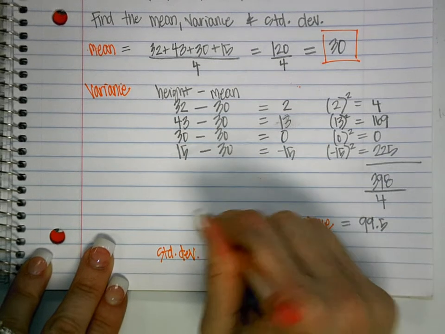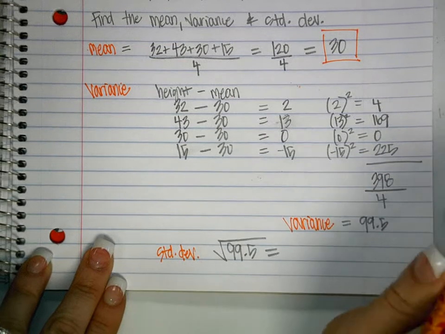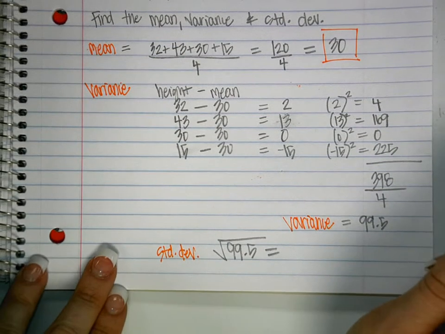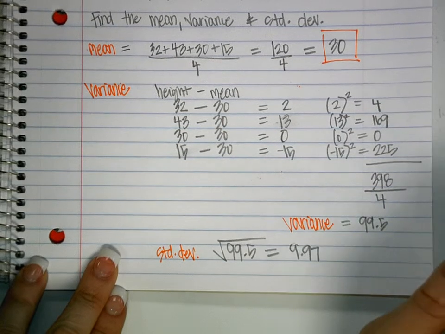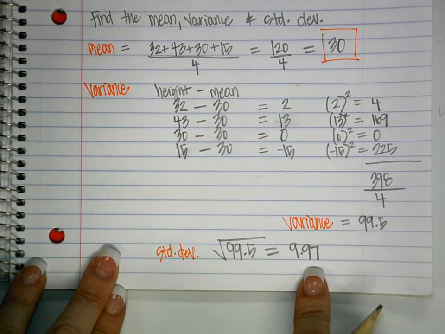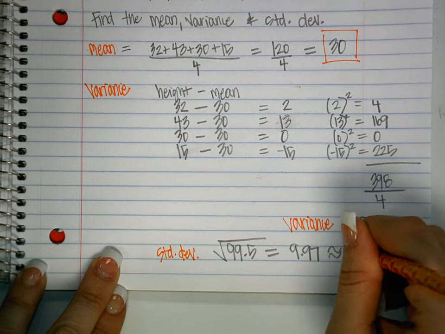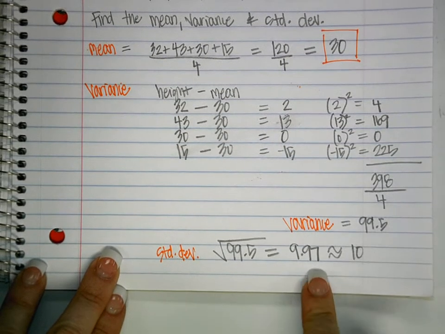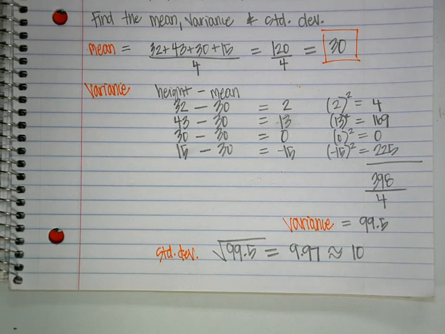The square root of 99.5 is 9.97. Usually we're going to tell you to round to the tenths place, so it's approximately 10. In your homework instructions, we'll tell you how many decimal places to round to, but it's usually going to be 1 decimal place.